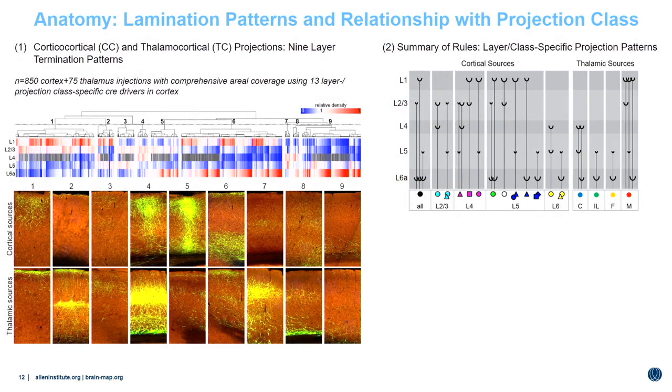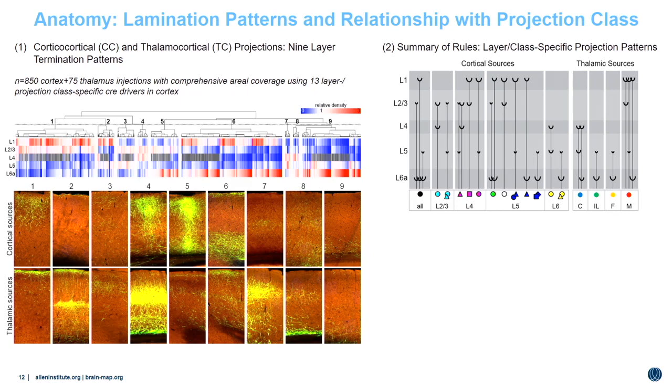All right. So in order to do that, we looked into the cortical and thalamocortical projection patterns. Based on our tracing experiments in transgenic mice, we discovered diverse layer termination patterns in cortical regions, and we could cluster these diverse patterns into 9 different clusters depending on the layer termination pattern in the cortical area.